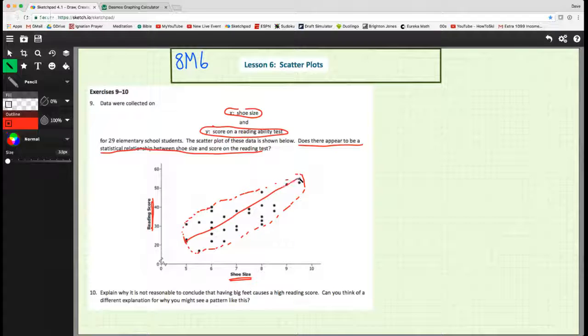It looks kind of like there is a relationship. It does look like as shoe size gets bigger, the reading score goes higher.